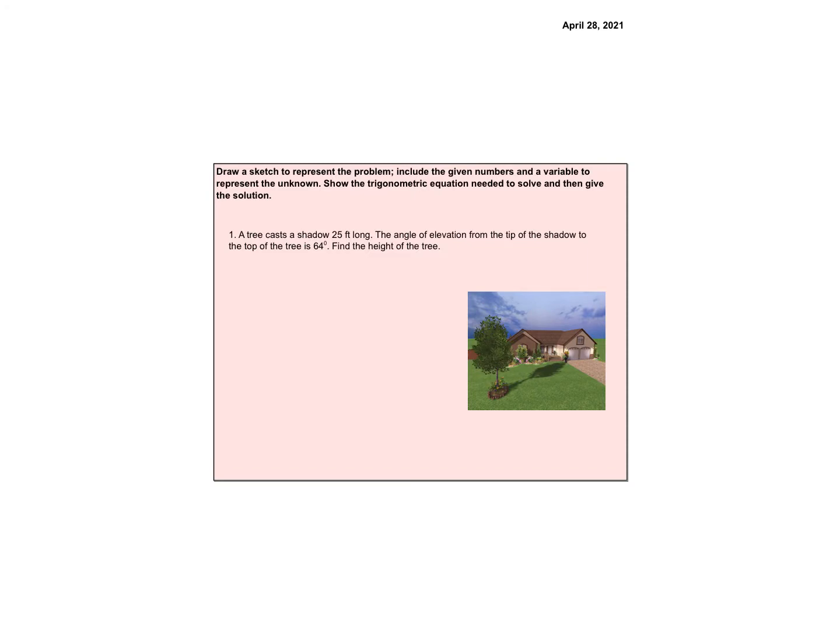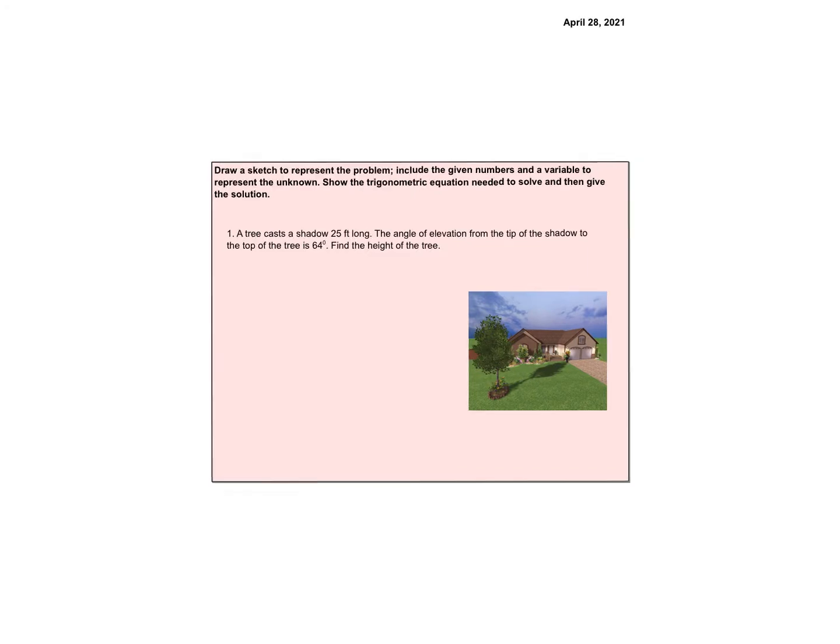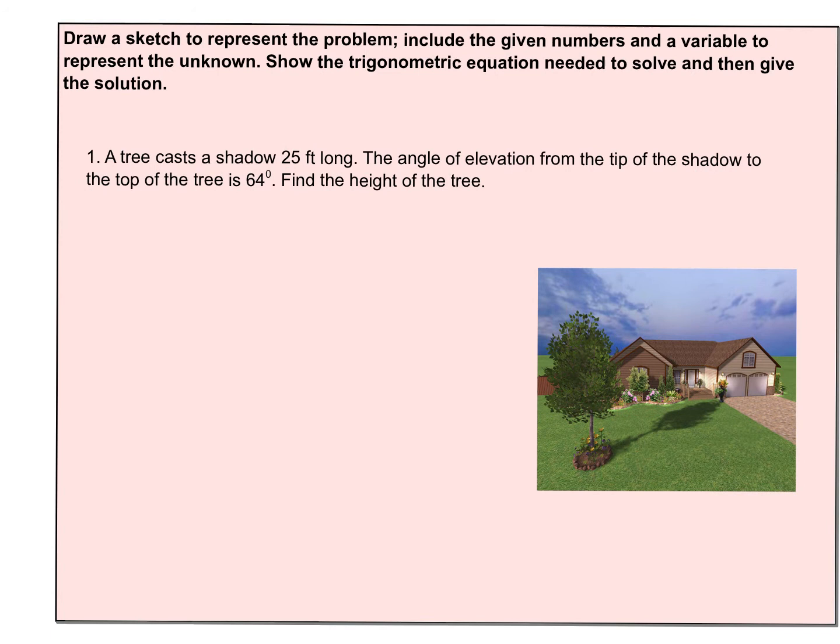So let's look at what we got here. You have to think about the situation, and then think about what function you might need to solve it. We have a tree, and it casts a shadow 25 feet long.